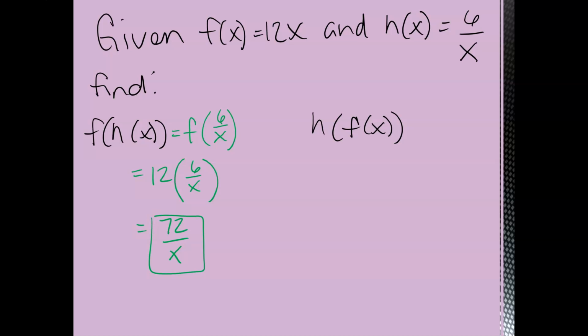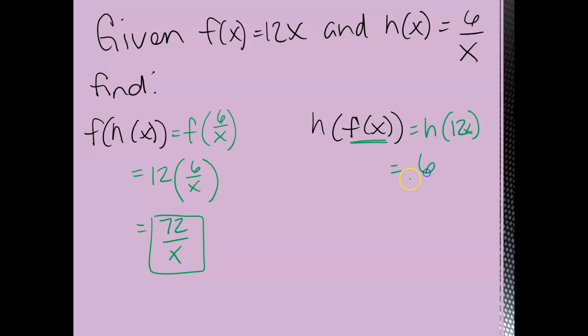All right, next one is where I'm going to take the f function and place it in the h function. So now I'm going to say h of 12x, right? Let's put it over here. I'm going to say h of 12x. So I'm going to take the h function and I'm going to replace its x with 12x.